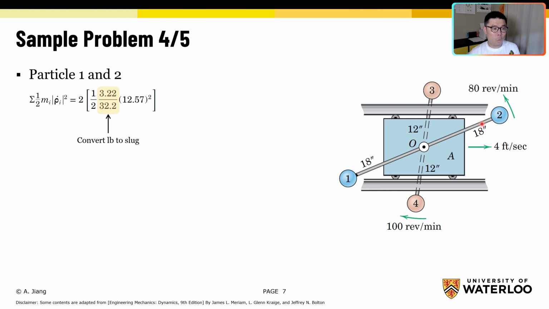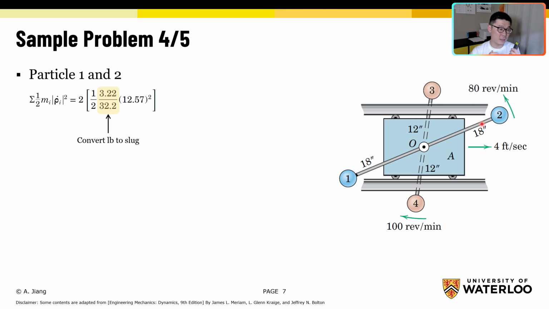Here we have one more calculation built in, because we need the mass for the kinetic energy calculation. The 3.22 pounds is not mass. It's pounds. Mass in imperial unit is slug. So do not forget about that. Don't forget about your basic unit conversion skills.